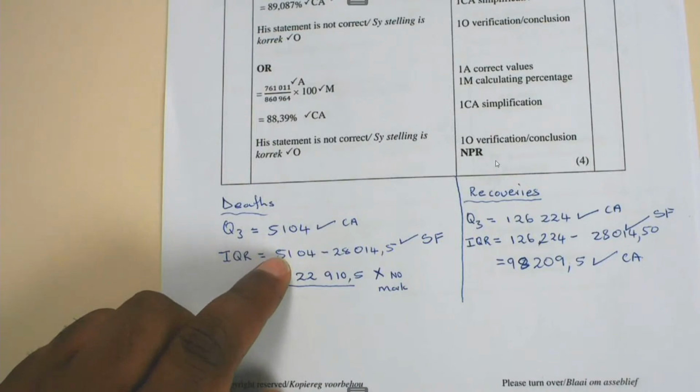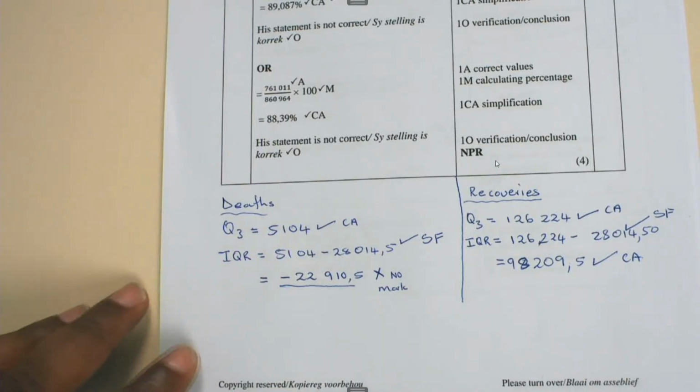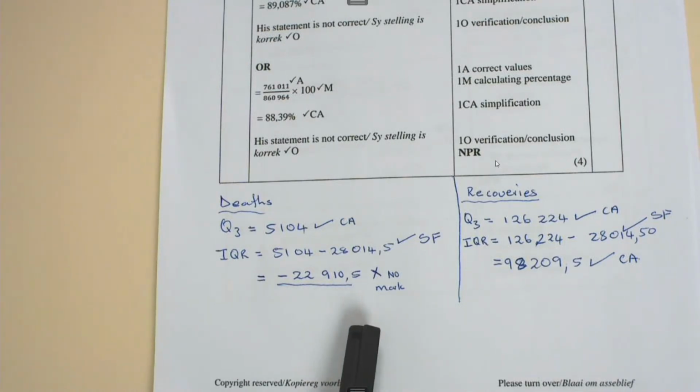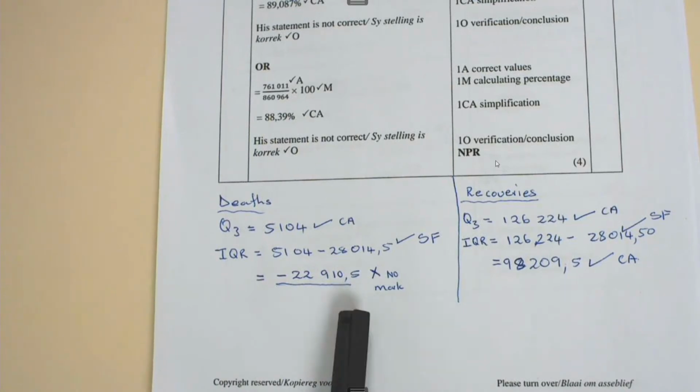Remember on top there is a CA for Q3, and then from there the learner will subtract Q1 from Q3. But if you check for death, the Q3 is smaller than Q1. Then the learner will end up with a negative answer, which is negative 22,910.5. So you don't give a mark there.